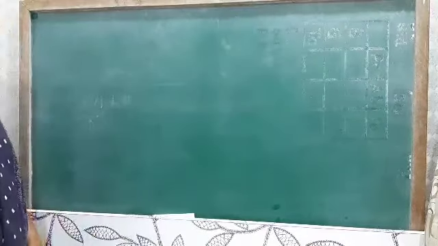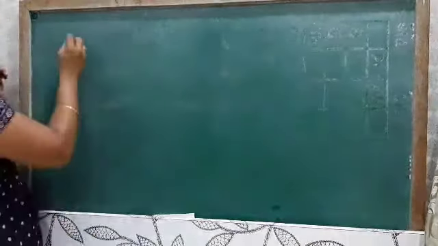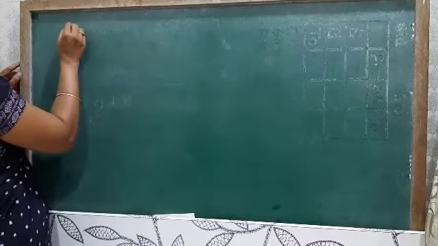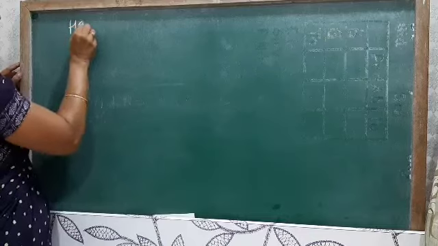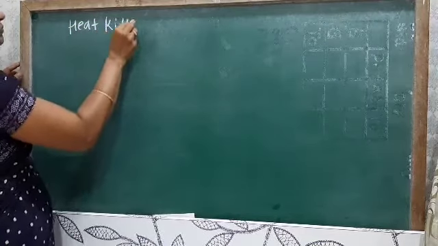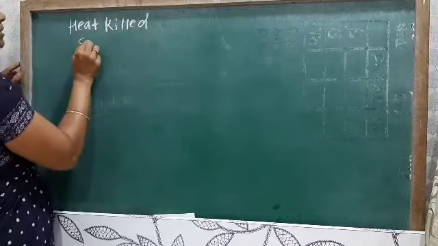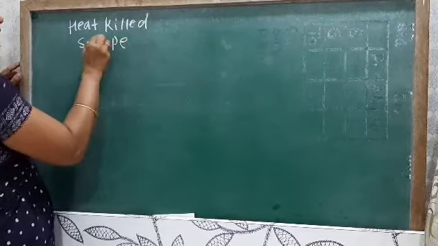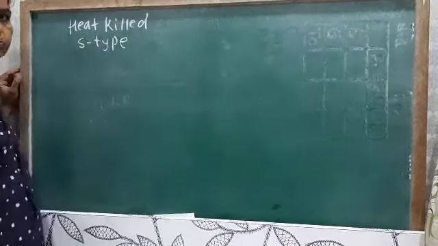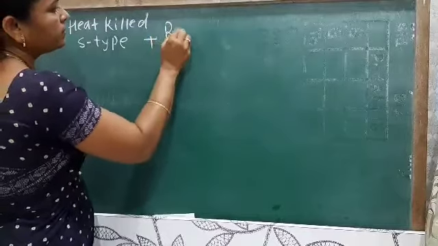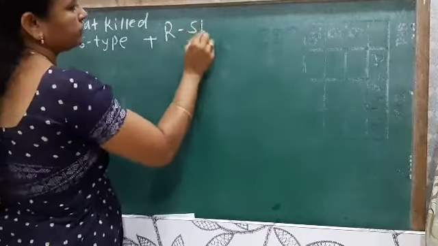So in the Griffith experiment, we have seen the fourth step. In the fourth step, there is a mixture of heat-killed S type strain plus R strain.